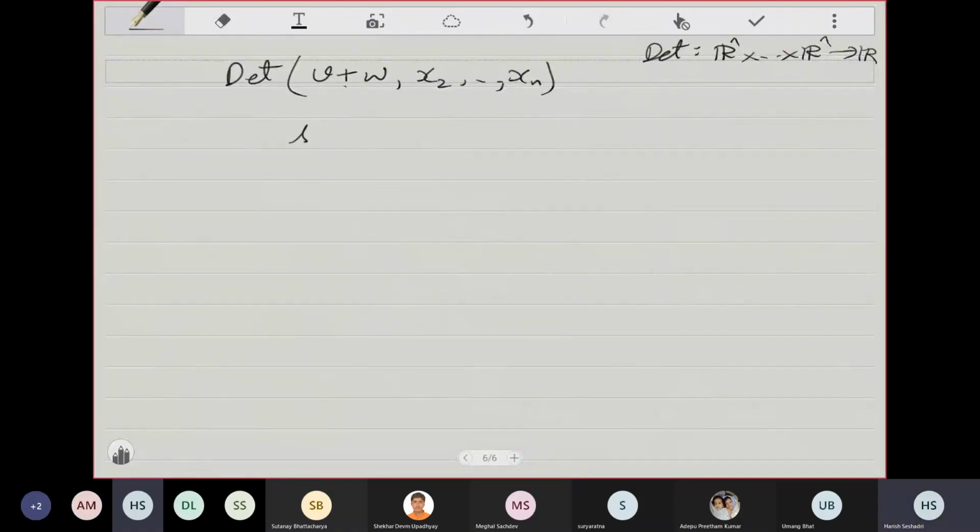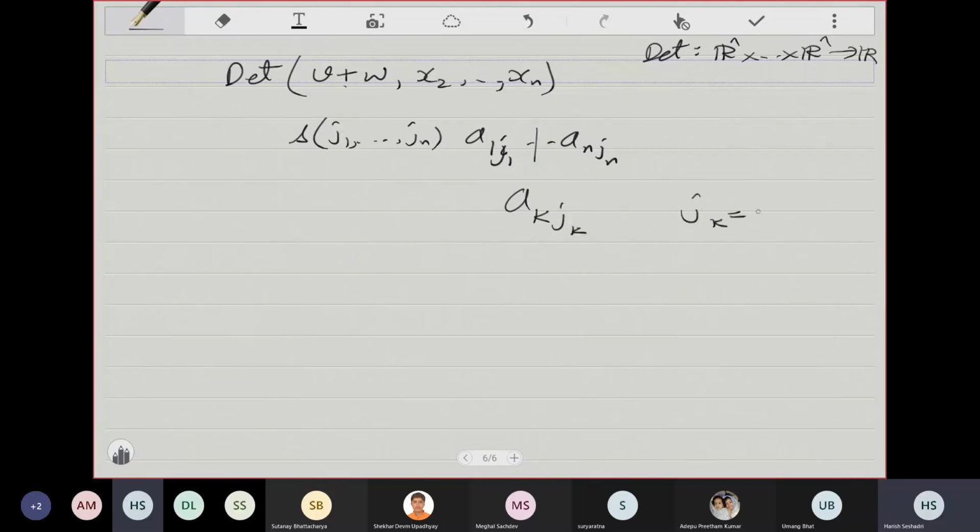Every term in the determinant is of the form ε(j1, ..., jn) a_{1 j1} ... a_{n jn}. So pick out any term and look at the part which is coming from the first column. It might be something like a_{k jk}.